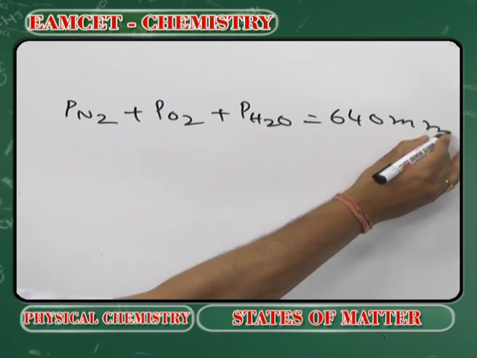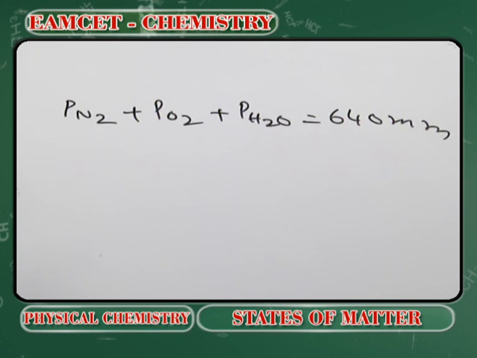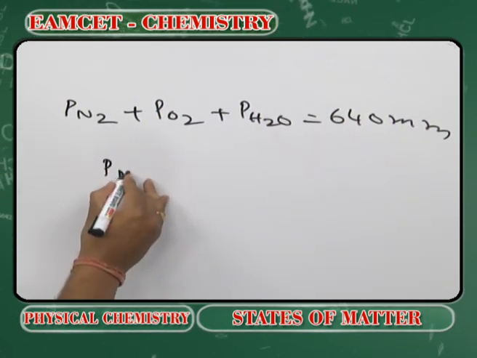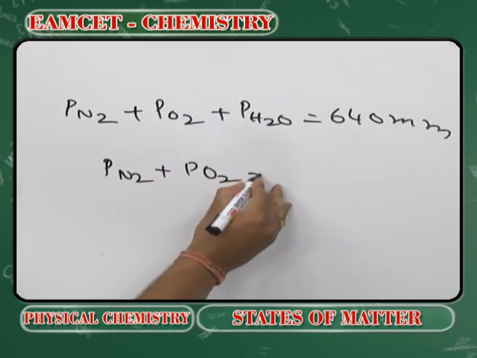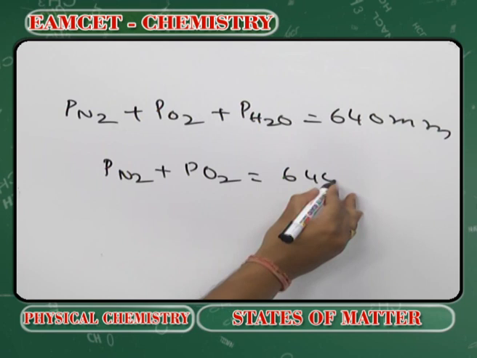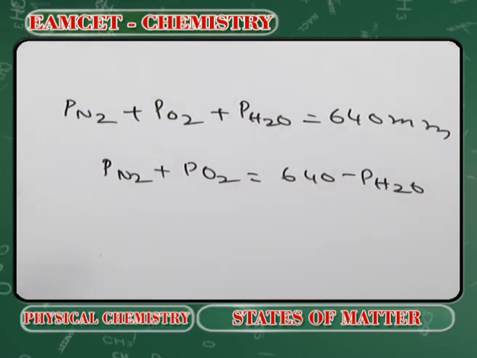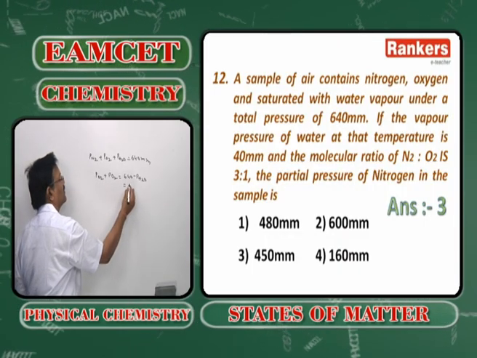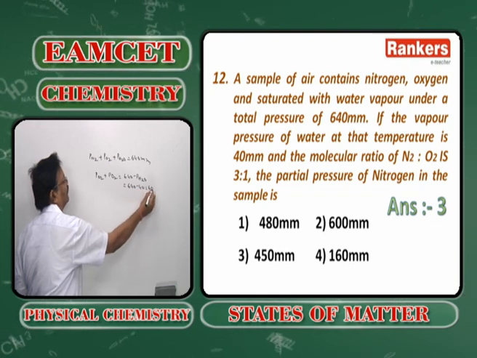This is the pressure of the moist gas. How to get the pressure of the dry gas? PN2 plus PO2 will be equal to 640 minus pressure due to the water vapor. The pressure due to the water vapor is given as 40 mm. 640 minus 40, 600 mm.